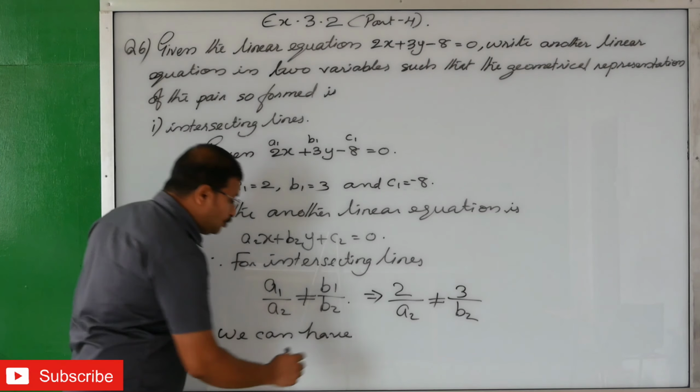Therefore, the required equation can be, A2x, that means 3x plus 2y minus 7 equal to 0.